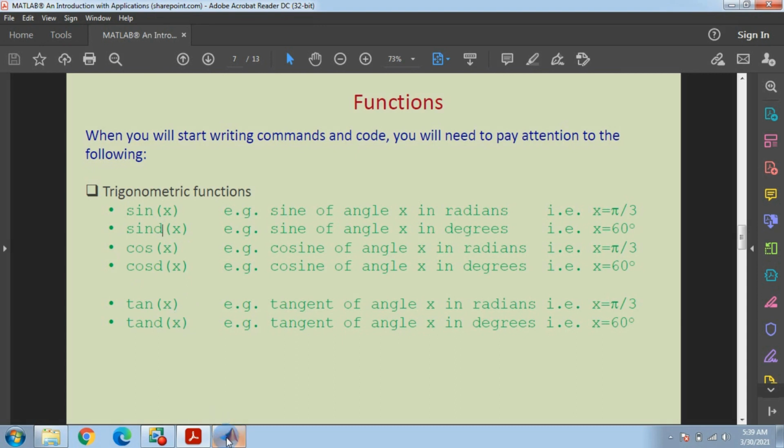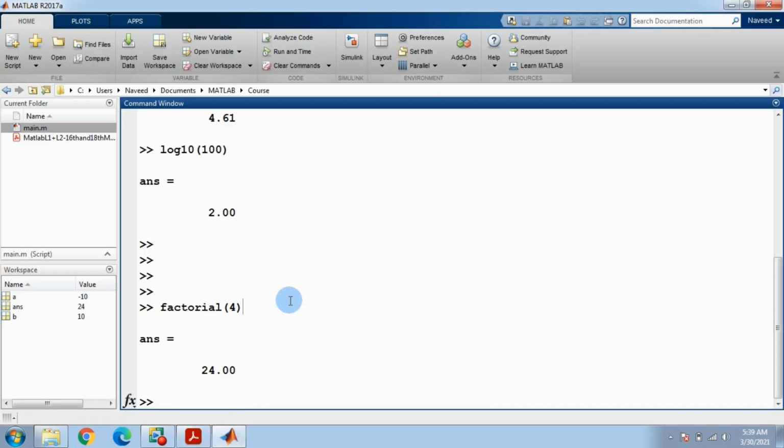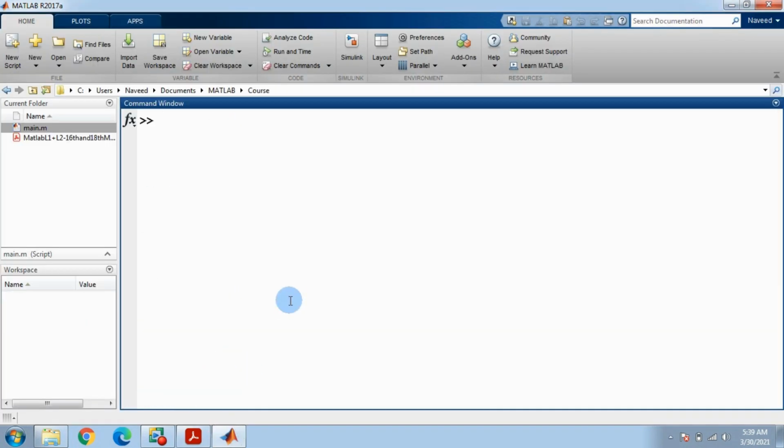So let's check them out in the MATLAB environment. So clear, clc again. So one thing more, as we would see in the upcoming slide also, is that there are some predefined constants that are stored in MATLAB, and they have been assigned predefined keywords.